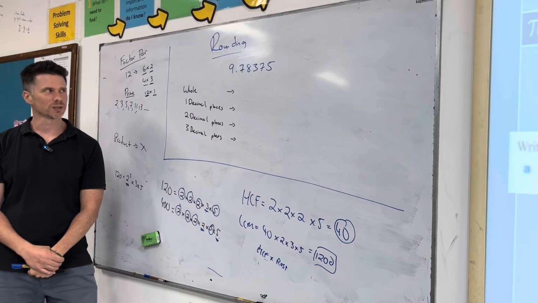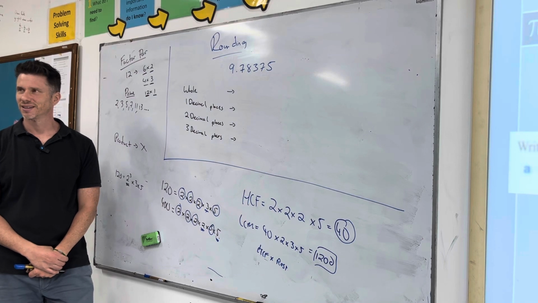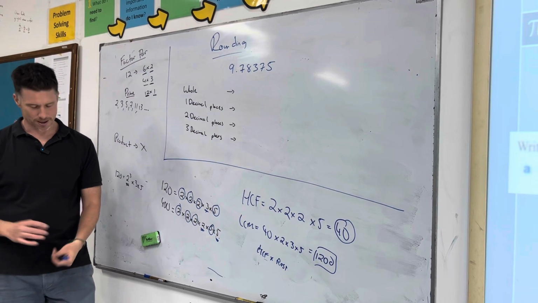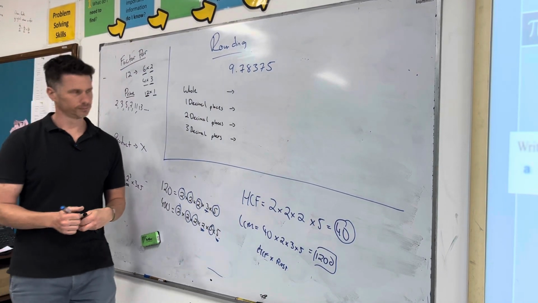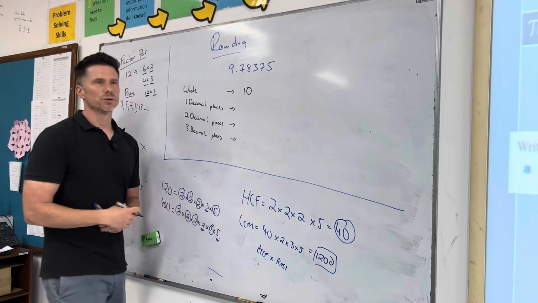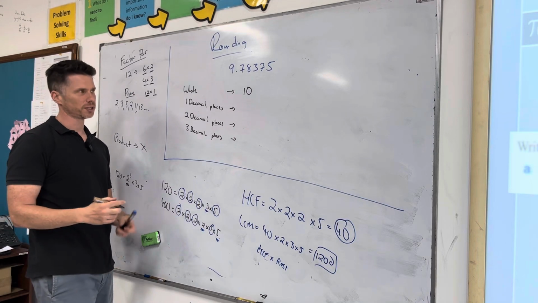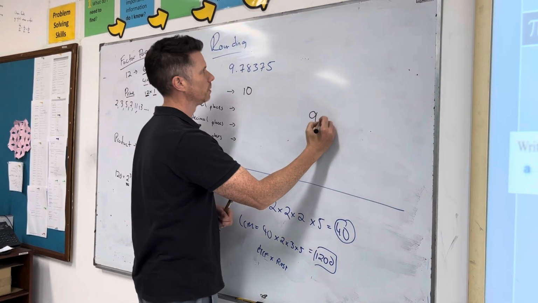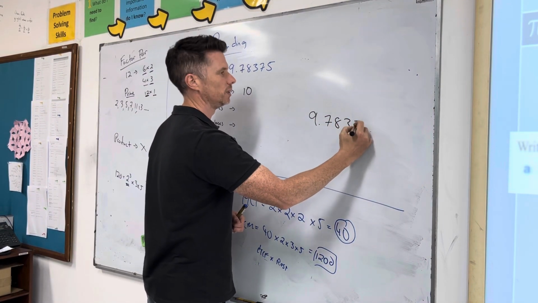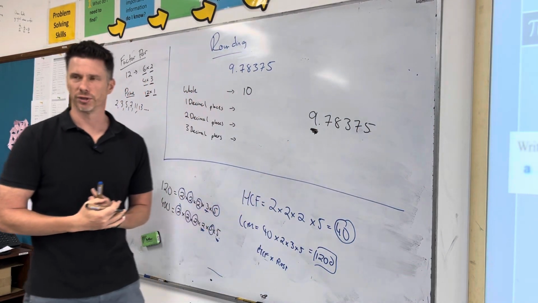We have 2 choices. We have 9 or 10. Teddy, which is it? 10, because the 7 is higher than 5. Yeah. So then the whole number will go higher. And if it's less than 5, then it stays. So when you do this, there's a little process that we do. You take the number and you want to round it to the nearest whole or nearest unit.